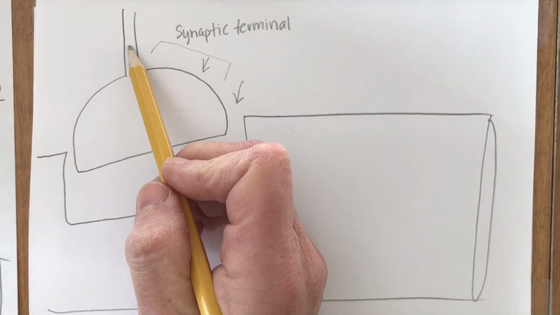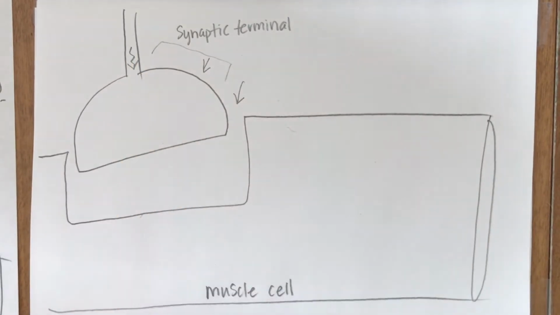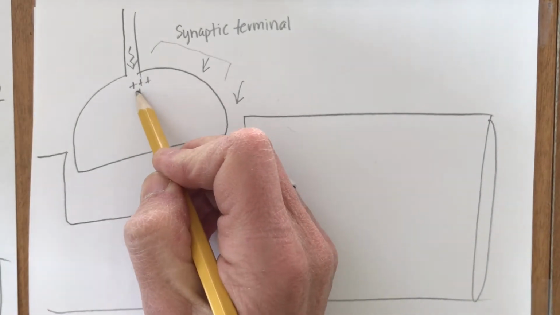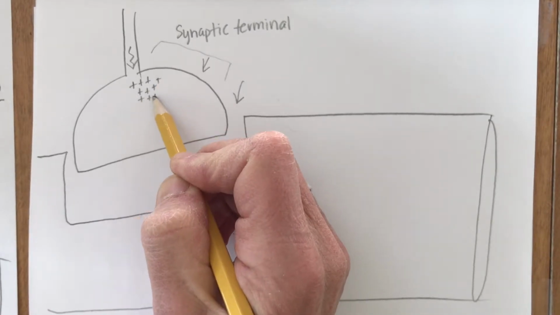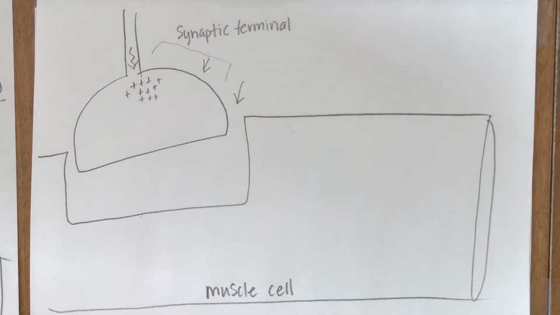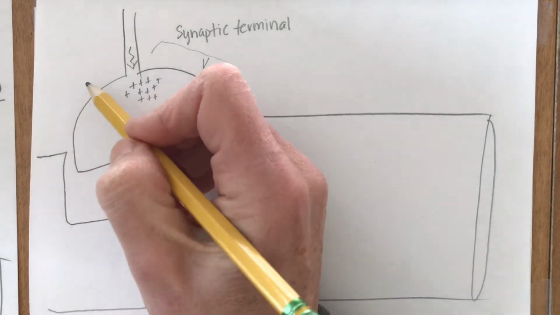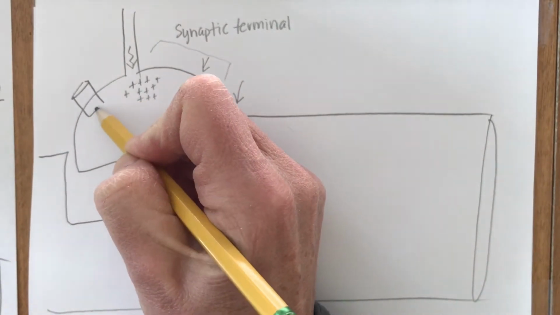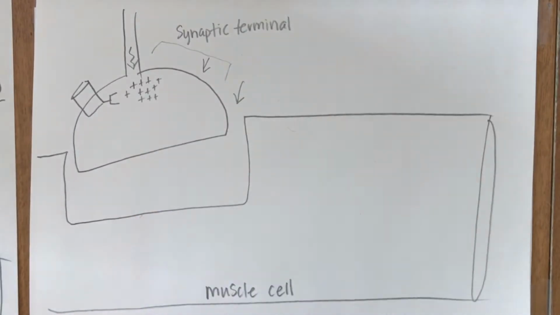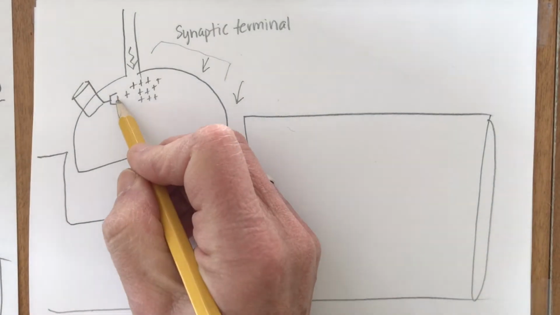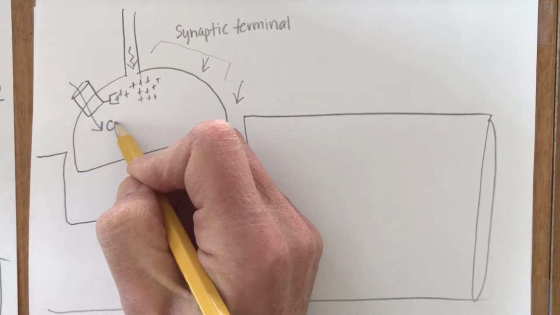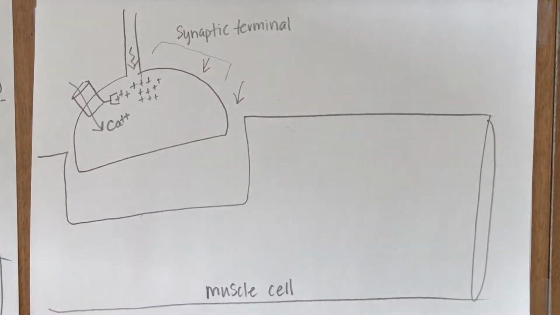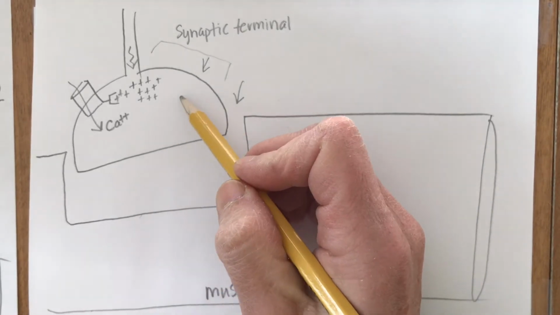We see an action potential or a flow of ions arrives at the synaptic terminal. And by that I mean there's an influx of positive charge that arrives at the synaptic terminal. This influx of positive charge triggers voltage-sensitive gated calcium channels to open, and calcium enters the synaptic terminal, diffuses down its concentration gradient.